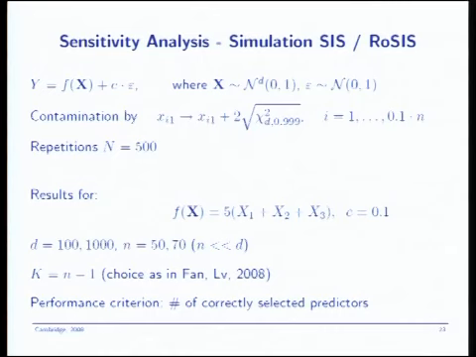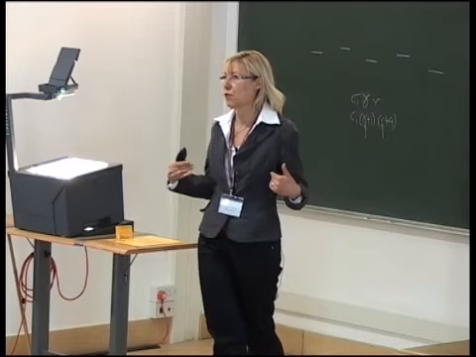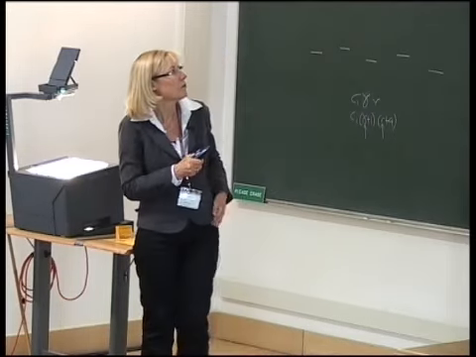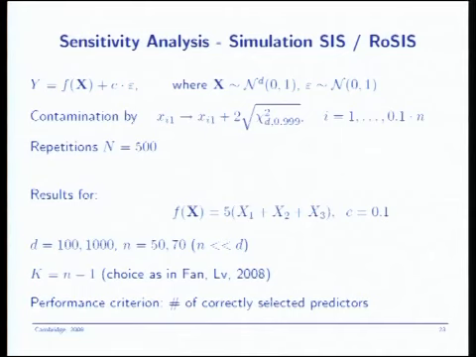We have also taken the same choice as in the paper, where the true number of active predictors is just sample size minus 1 to start with. And we just enlarged one observation, made it larger, and looked at the number of correctly selected predictors.